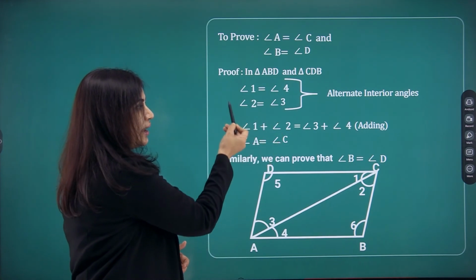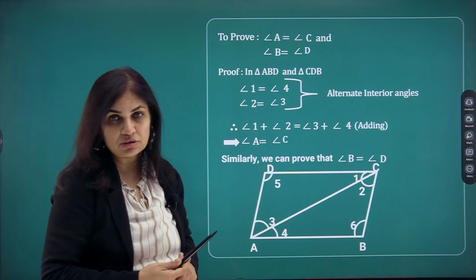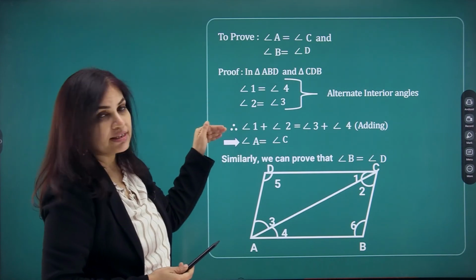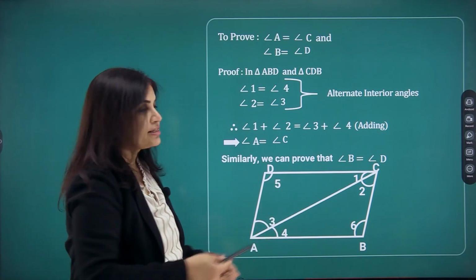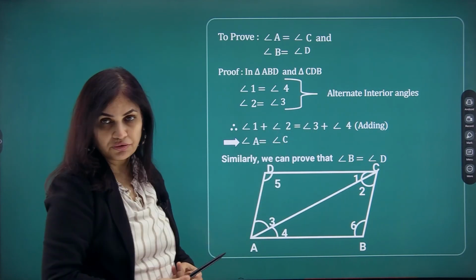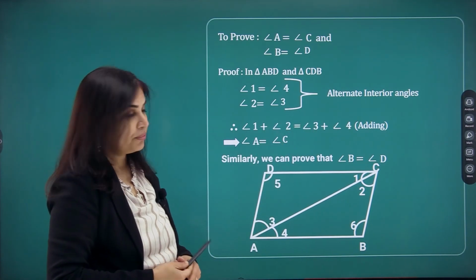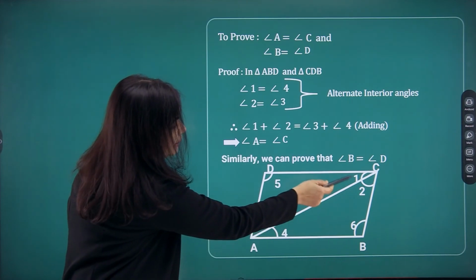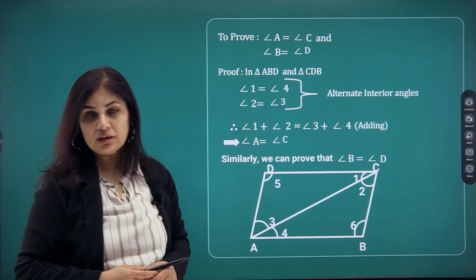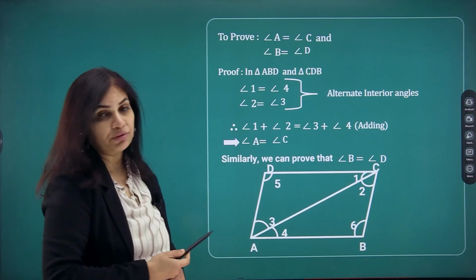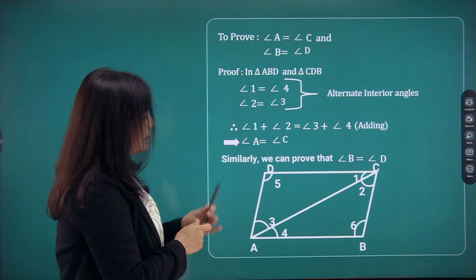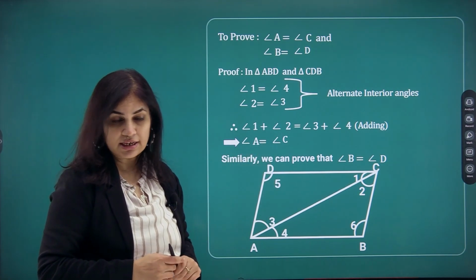Now, if I add these two equations, on the left hand side we will get angle 1 plus angle 2, and on the right hand side we will get angle 4 plus angle 3 or angle 3 plus angle 4. If 1 and 2 are added, they form angle C of the parallelogram, and if 3 and 4 are added, they form angle A of the parallelogram. So, we can clearly see that angle A equal to angle C.